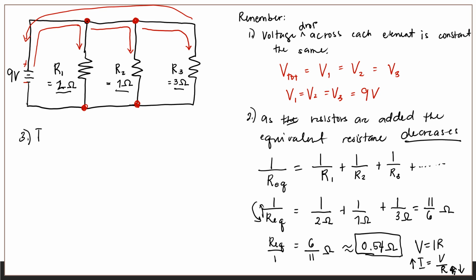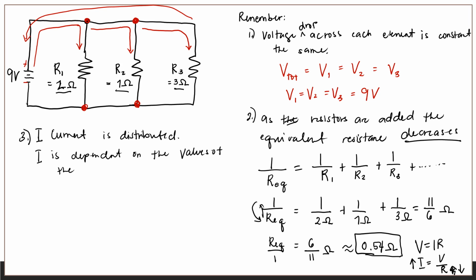Now, what about current in a parallel circuit? The current in a parallel circuit is distributed, which means that the current is dependent on the values of the resistance.